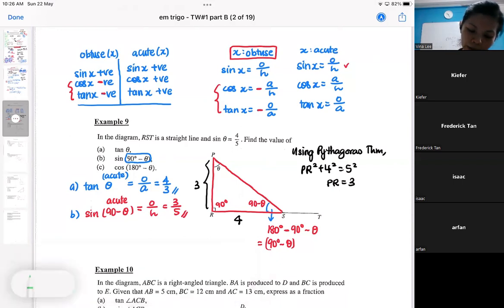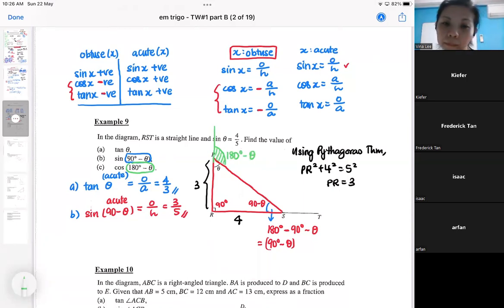So the next one is here, 180 minus theta. So 180 minus theta is actually here. Can you see it's the green angle here? So apparently it's very obvious this is an obtuse angle.